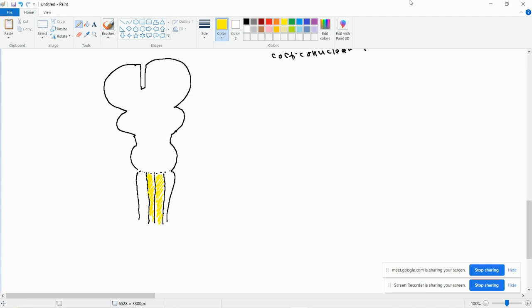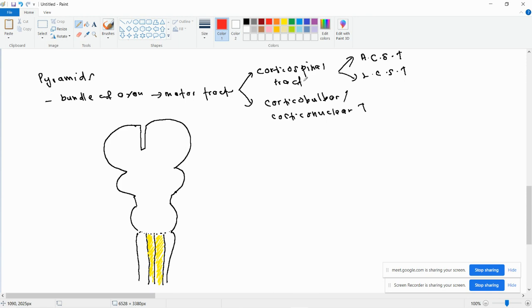Now listen carefully, class. First, you should know about the corticospinal tract. You have two, anterior and lateral. Let's explore where the corticospinal tract is derived from.